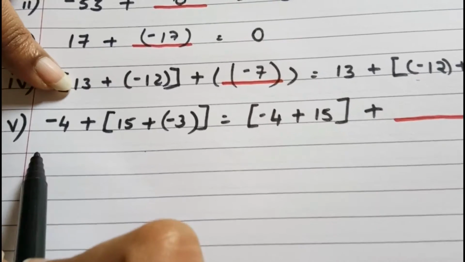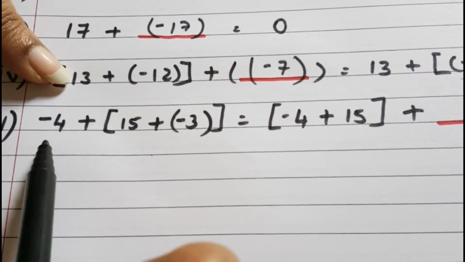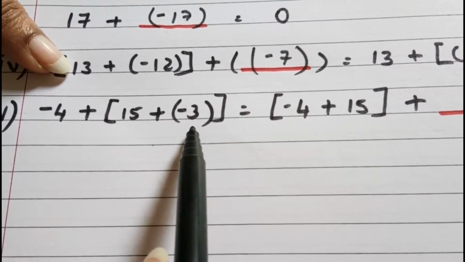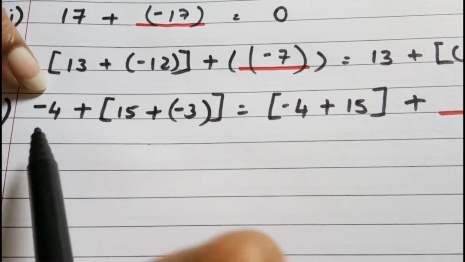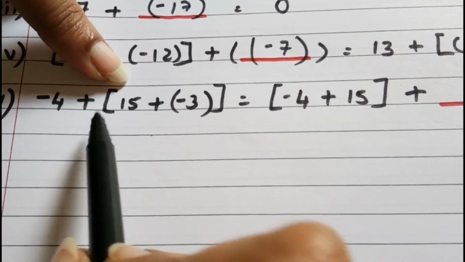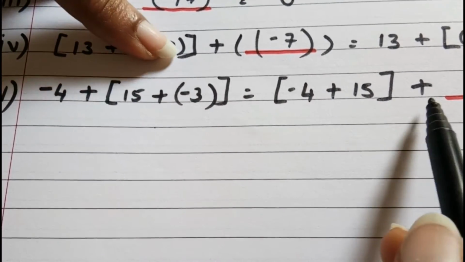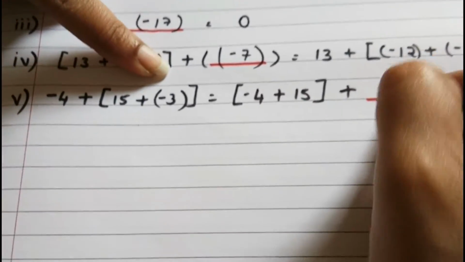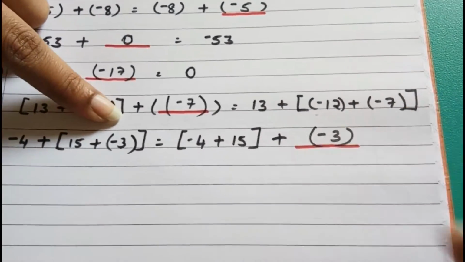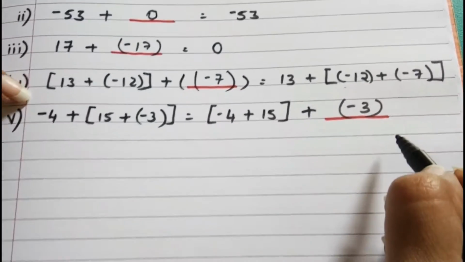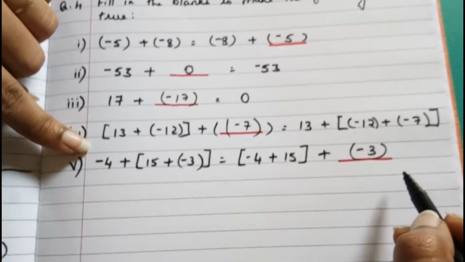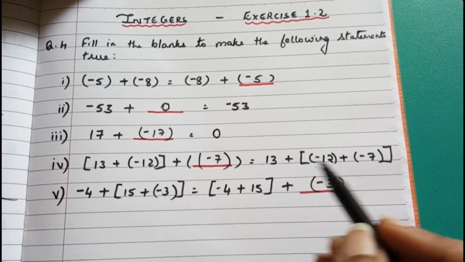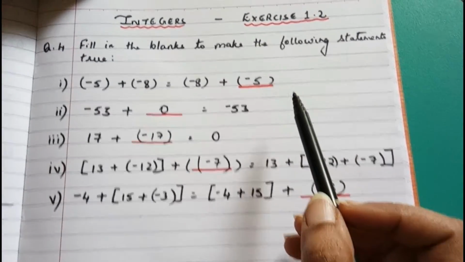Last but not the least, the fifth sub question. Minus 4 plus 15 plus minus 3 is equal to minus 4 plus 15 plus dash. So what would be the answer here? It will be minus 3. Clear? This is again which type of property? Associative property. I hope this is clearly understood by everyone, and this was the last question of exercise 1.2 of chapter 1.